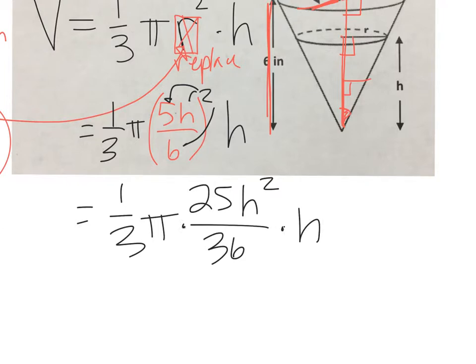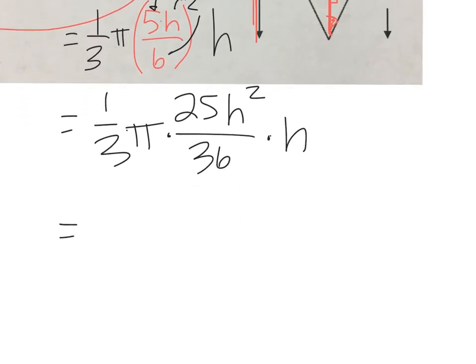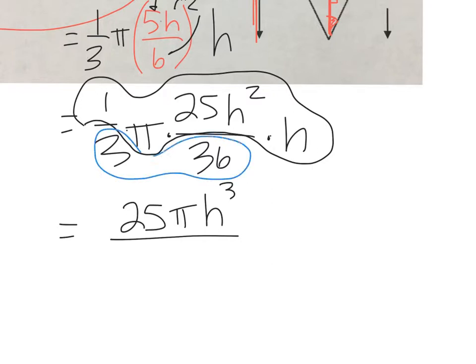And all these things are being multiplied together. So now I have fractions times non-fractions. So I do all of my numerator stuff. I multiply all this stuff together. And that gives me 25 pi times h to the 3rd power. And then I multiply all of my denominator stuff together, 3 and 36. And I get 108.